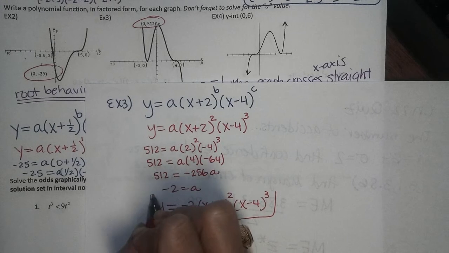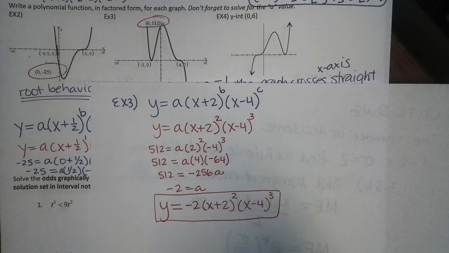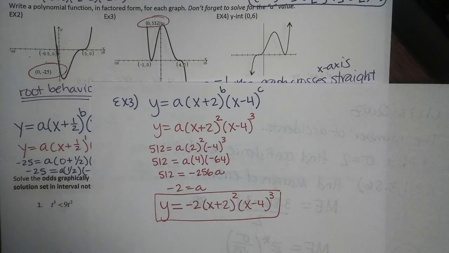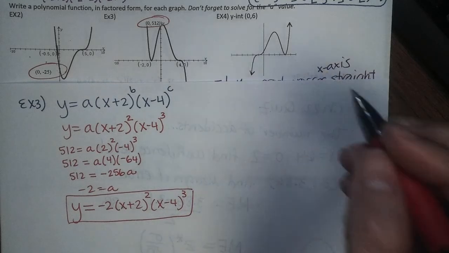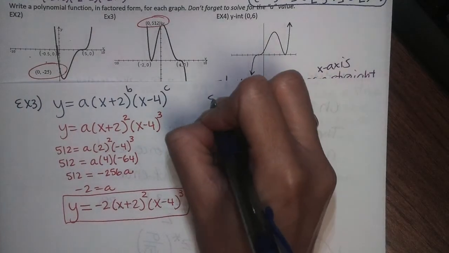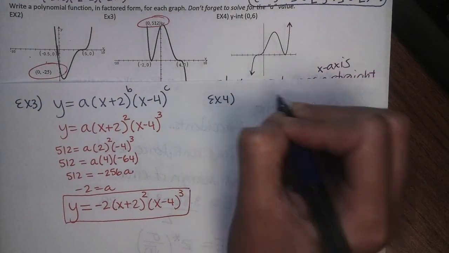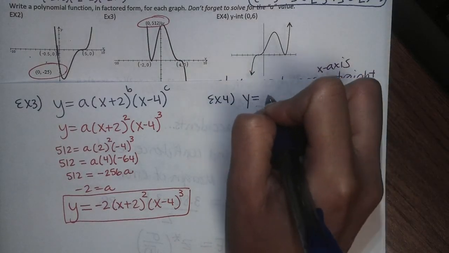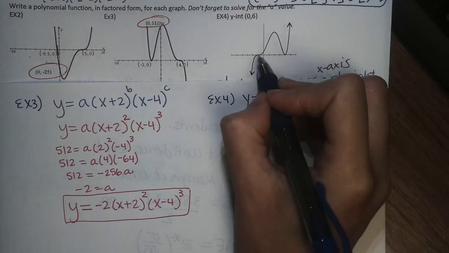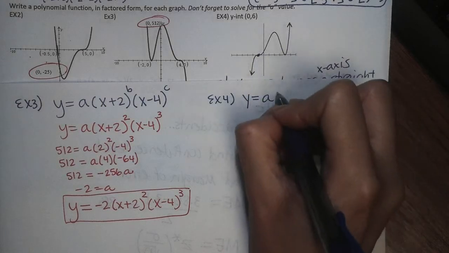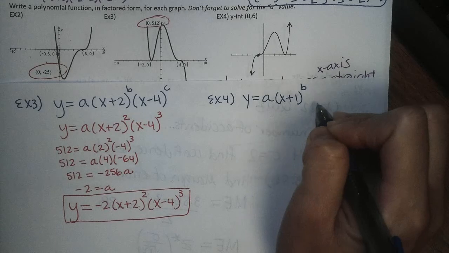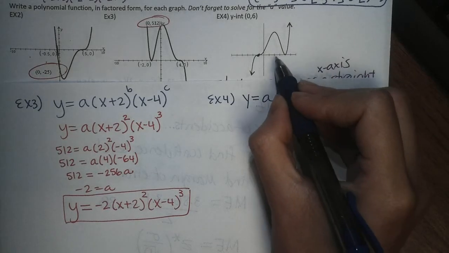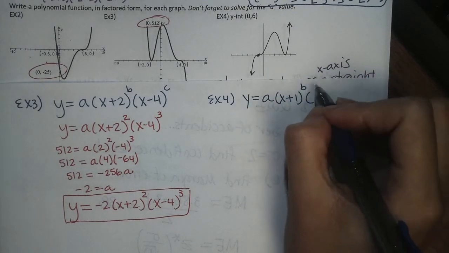And that is how you do that. I guess we can try it one last time. Example 4. And then I'll just answer any questions. This first root, it looks like a 1 or a negative 1, so put x plus 1. This one, 2, 3, 4, it looks like a positive 4, so put x minus 4.